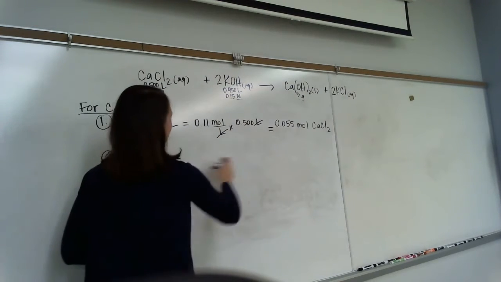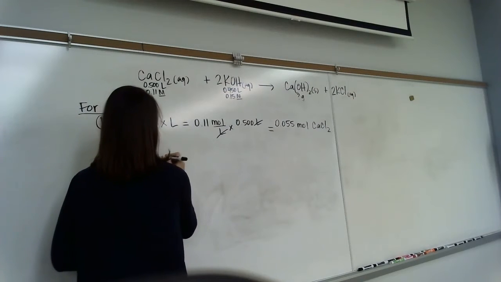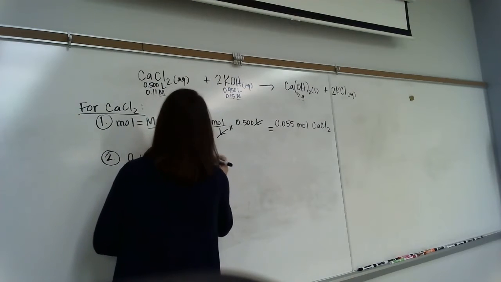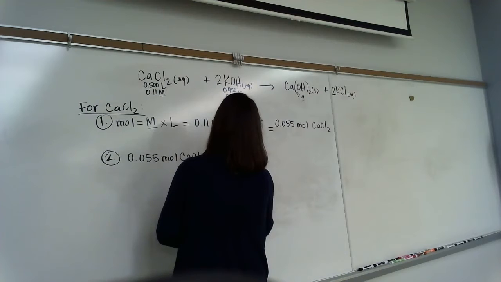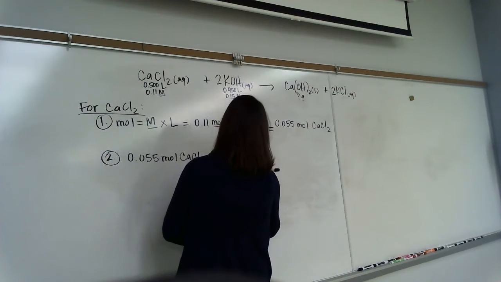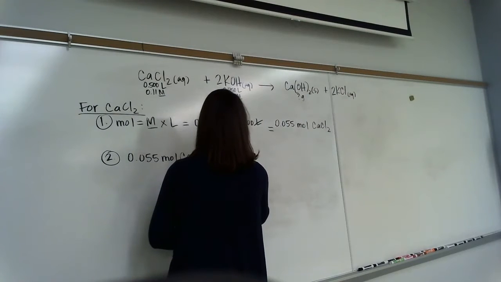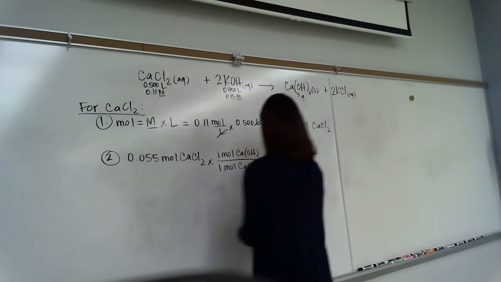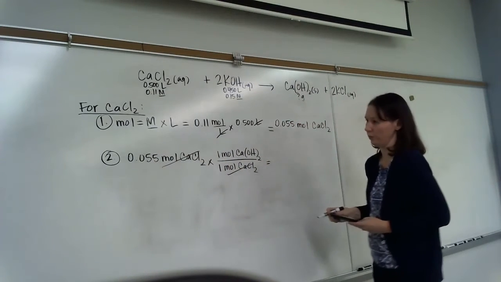So I take my answer and rewrite it, 0.055 moles CaCl2. For every 1 mole of calcium chloride that I use, I produce 1 mole of my precipitate. So my number doesn't change, but my units do.